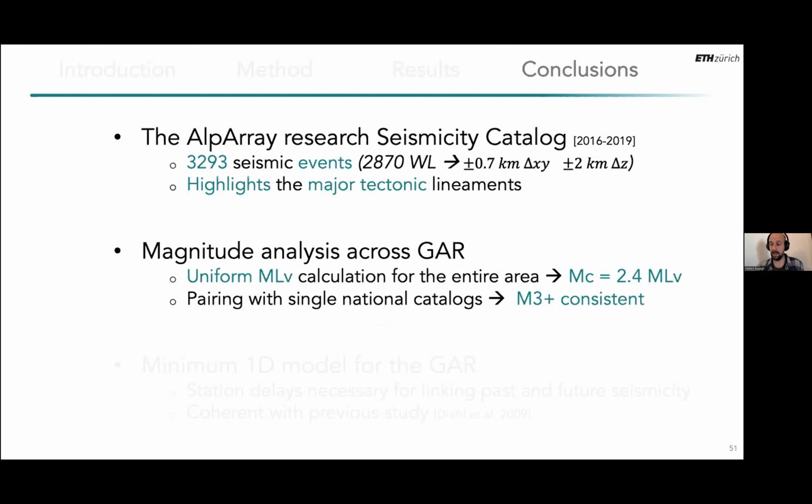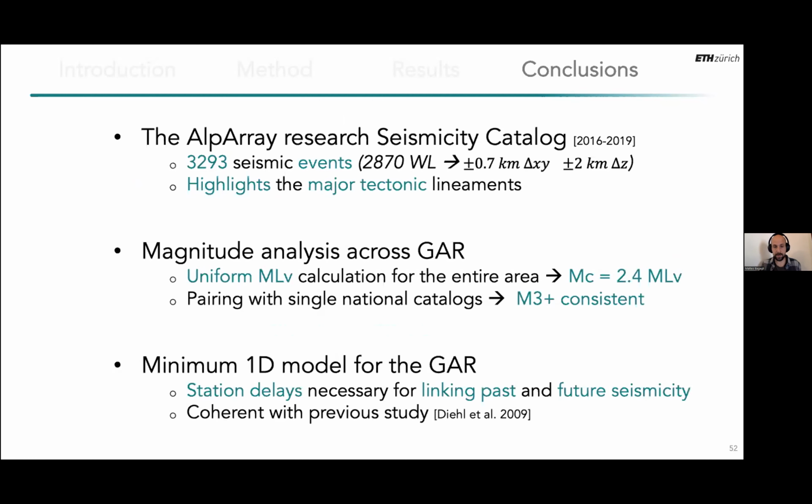This unified local magnitudes calculation, of course with a completeness of 2.4, is very useful for the comparison of the seismicity across the different regions in the area. And also we were able to reach a consistent pairing of magnitude 3+ events reported by the national observatories.